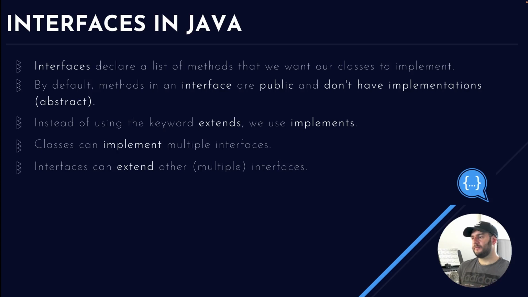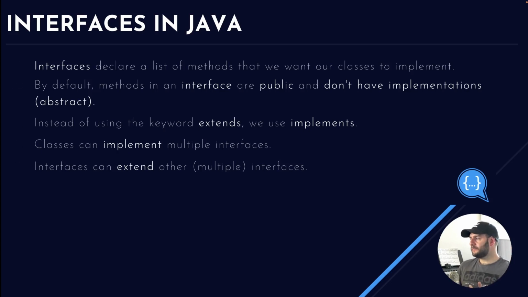Interfaces have the same, but they can only have these kinds of methods, at least up until recently. Now interfaces can have other kinds of methods, but we'll talk about that in the future. For the most part, interfaces are used to declare a list of methods that we want classes to implement.